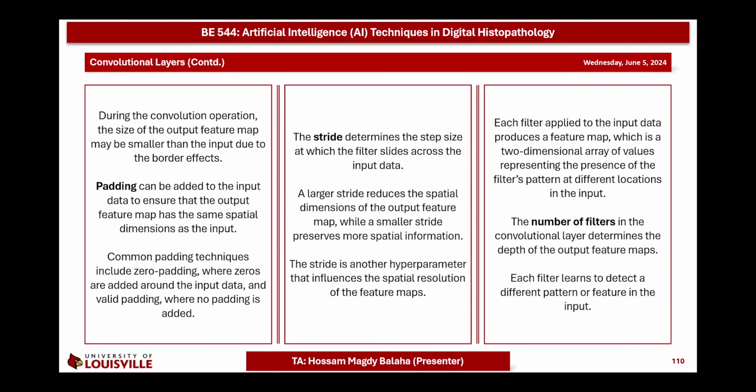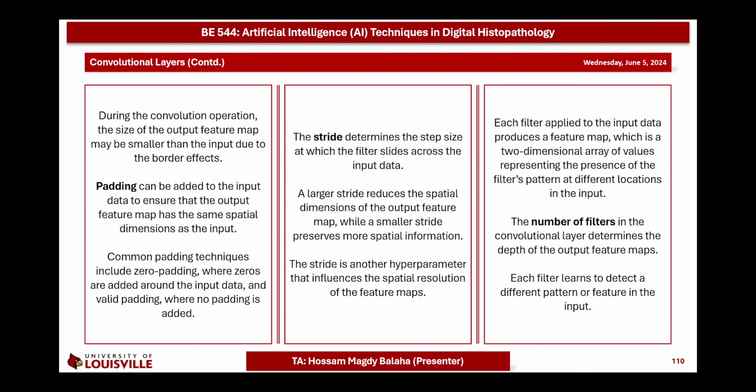So it can, for example, become 520 by 520. It depends on the configurations and the target output feature map and its size. You can handle the padding. There are common padding techniques such as zero padding, where you are adding zeros around the boundaries, and you can also apply valid padding where no padding is added.